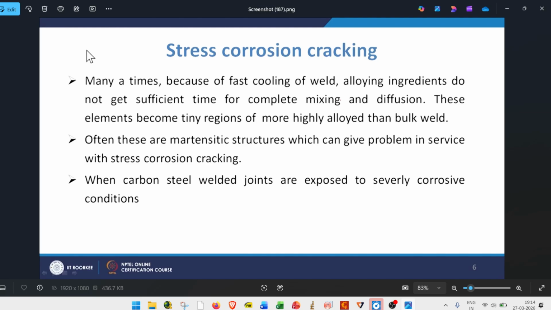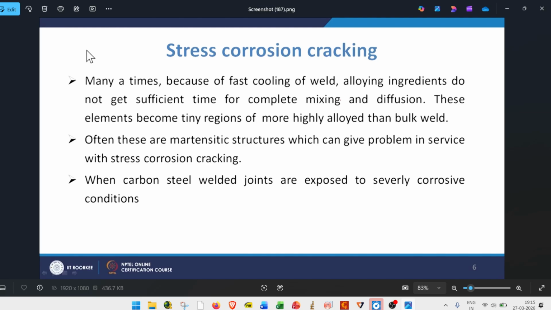Because of the faster cooling, where the alloying elements are, those cannot diffuse and form tiny regions. Often those are the martensitic structure, which can give problems in service with stress corrosion cracking.